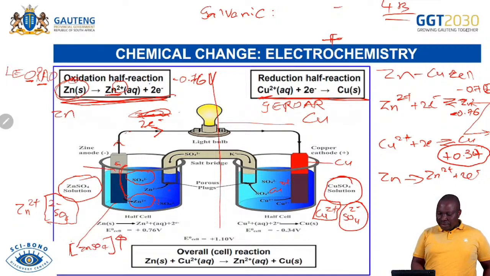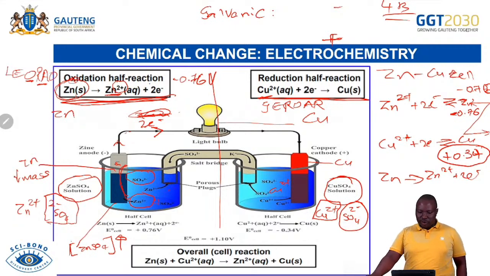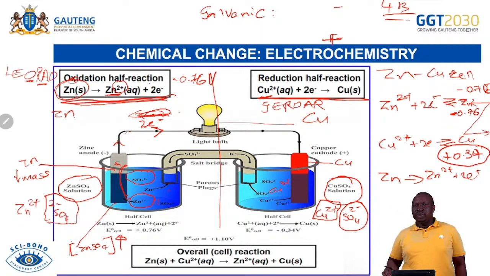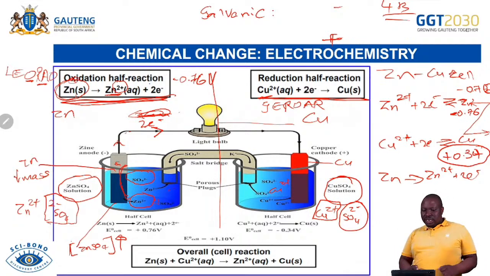But zinc, the metal itself, will decrease in mass. I want you to look at that because that is the question that we like to ask many times. So you have to know that when zinc loses electrons, because it's losing, it must decrease in mass. However, the zinc 2+ solution, the concentration of the electrolyte, will increase. So what decreases is the zinc solid.